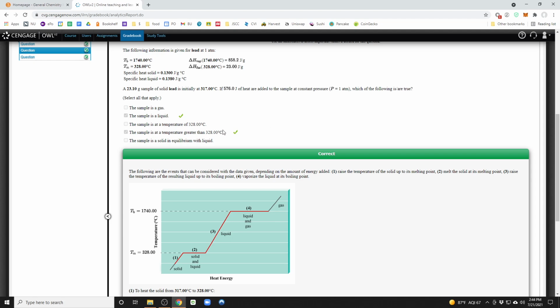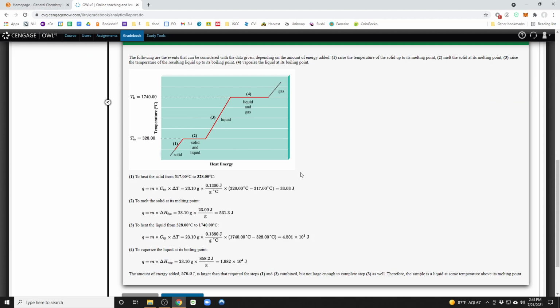You could find out exactly where you are by simply taking your specific heat times your mass, and then taking your temperatures, where you'd have 328 here, and this would be X. So your value for the temperature where you'd stop would be X. If you solve for X, you would get exactly the temperature you stopped at.